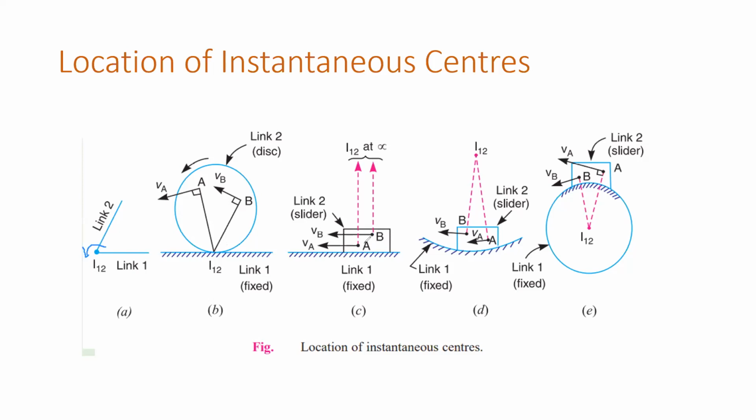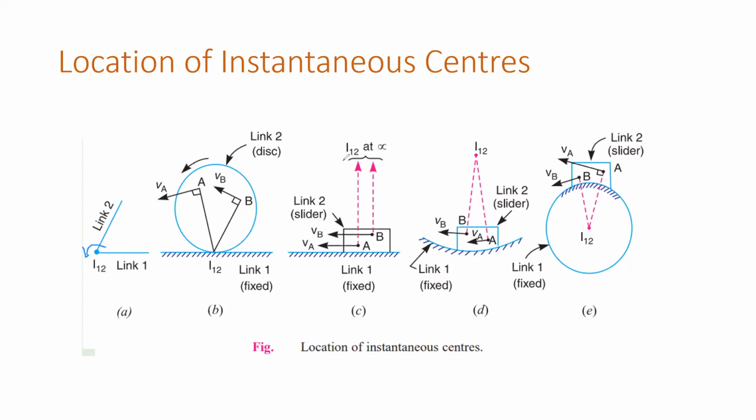But we already know that any motion can be considered as rotational motion. So in this case, when there is completely linear, sliding motion, where will the ICR be? The ICR of link 2 with respect to link 1 will be at infinity.